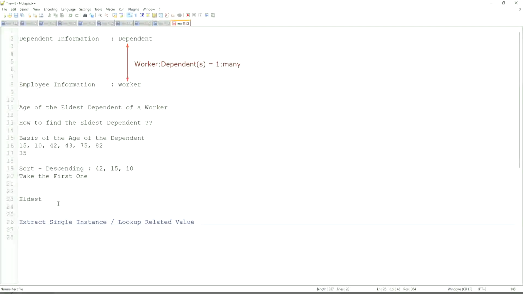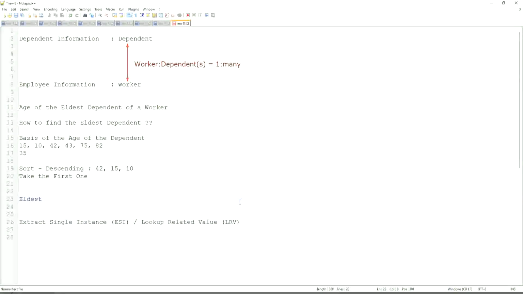This is the most common calculated field function that people will ask you in your interviews. Extract Single Instance is called ESI, and Lookup Related Value is LRV.